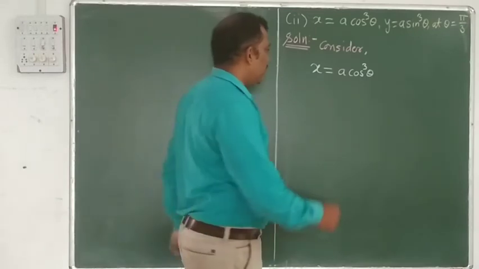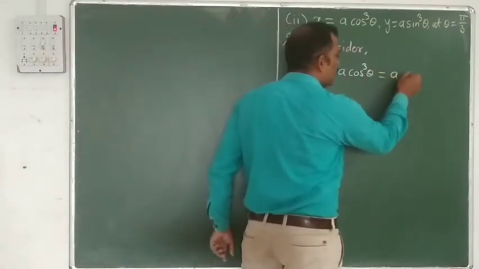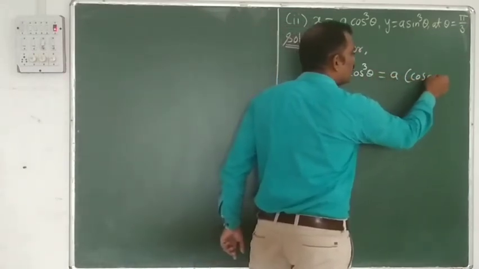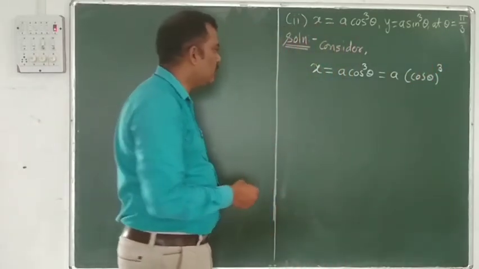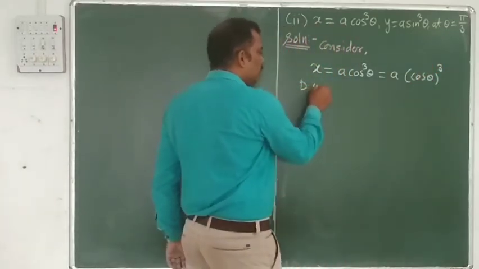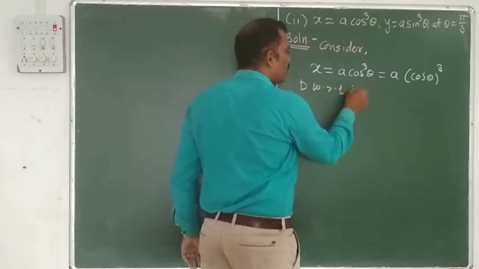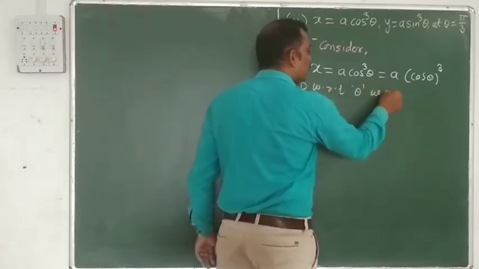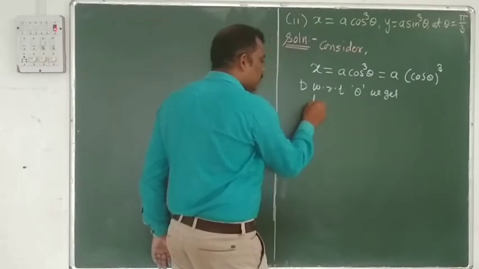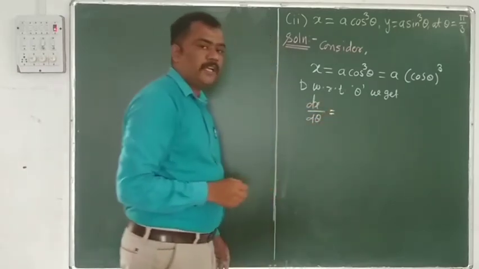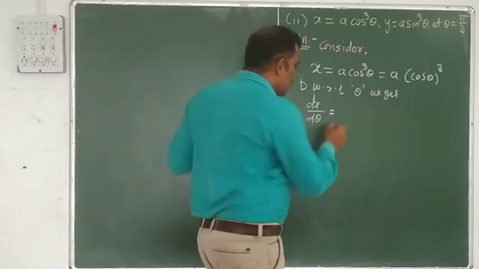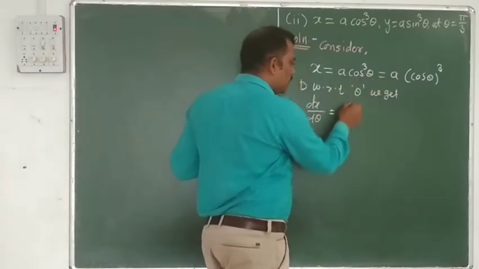This a cos cube theta can be written as a into (cos theta) whole cube, so that we can easily take the derivative. Now we differentiate with respect to theta. We get dx by d theta. A is a constant, so we take it outside the derivative.